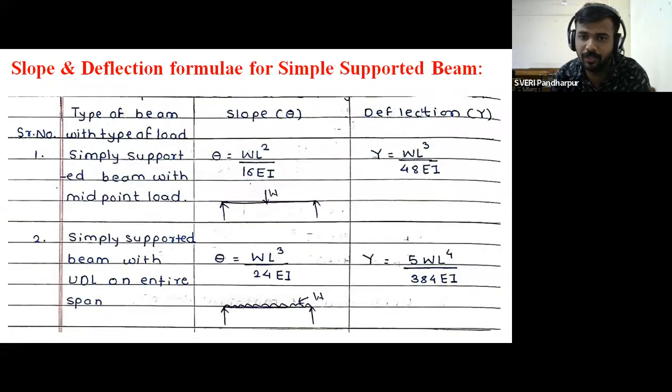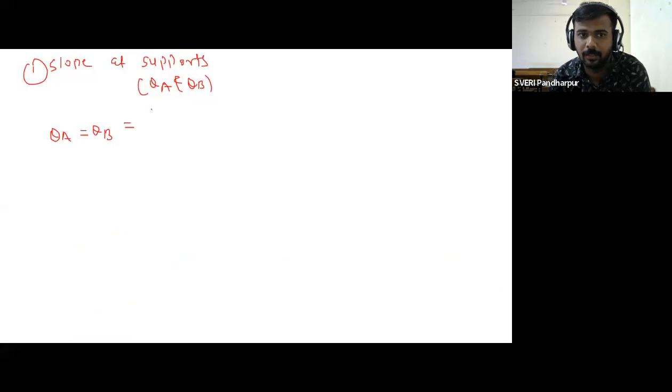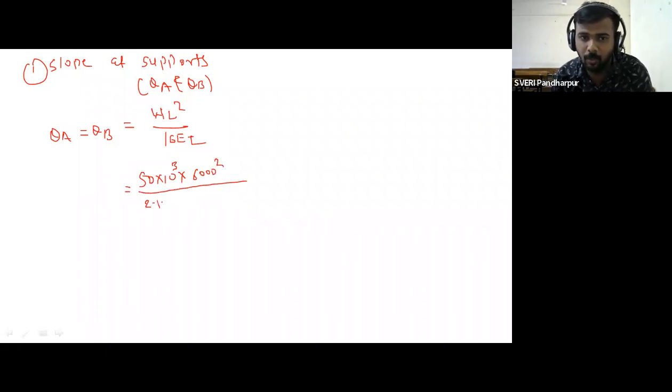WL square upon 16 EI. So W is 50 into 10 raised to 3 into L, 6,000 square, divided by E, 2.1 into 10 raised to 5, into 78 into 10 raised to 6.